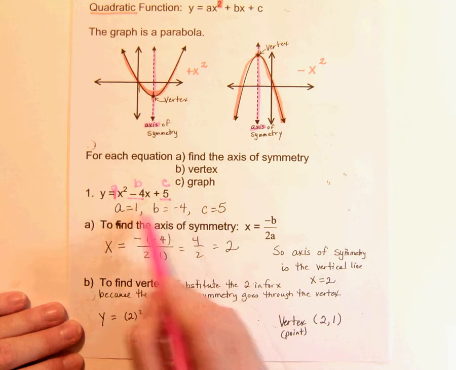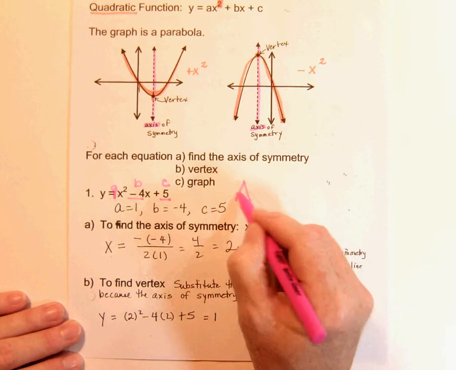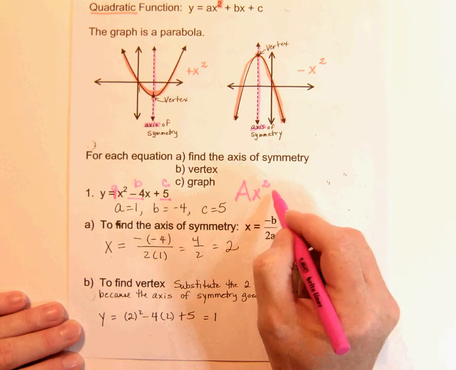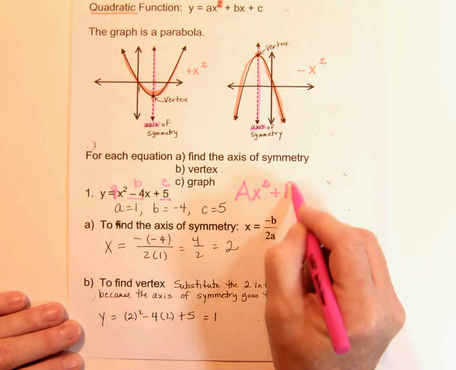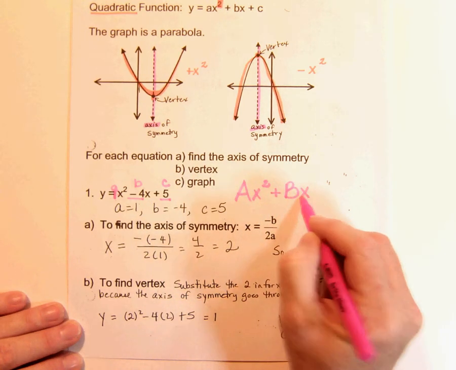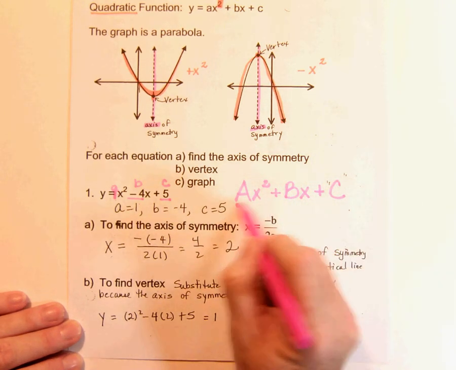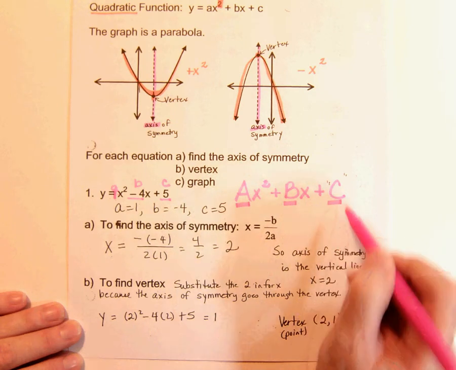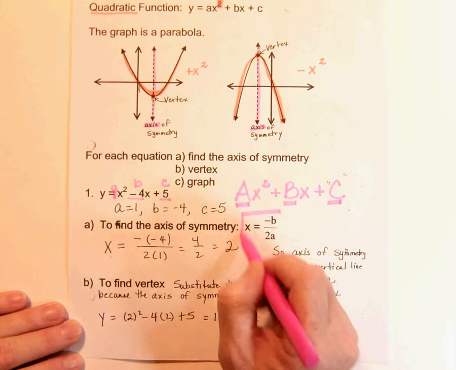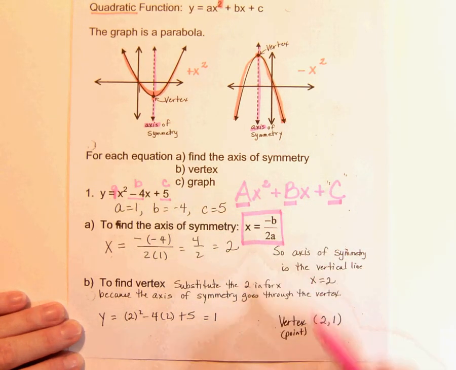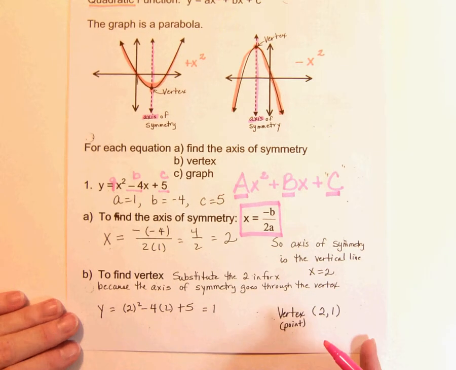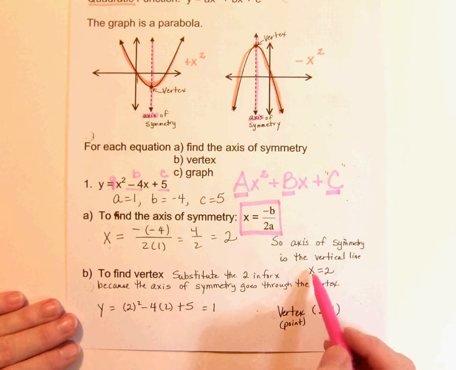The general form is ax squared plus bx plus c, and usually they use capital letters, so that we're looking at just the numbers A, B, and C. If you use this formula, you can find the axis of symmetry. For this particular equation, it would be a vertical line where x is equal to 2.